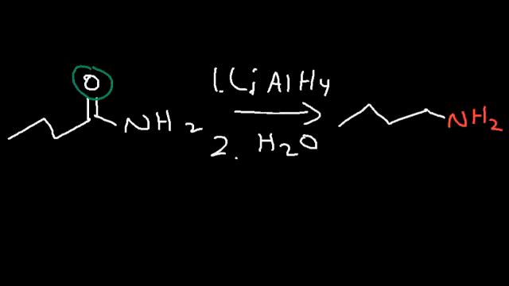The NH2 group will remain. All you need to do is just leave it like this, or you can write it this way. You can show the 2 hydrogen atoms if you want to, but that's the answer. So lithium aluminum hydride can reduce an amide into an amine.